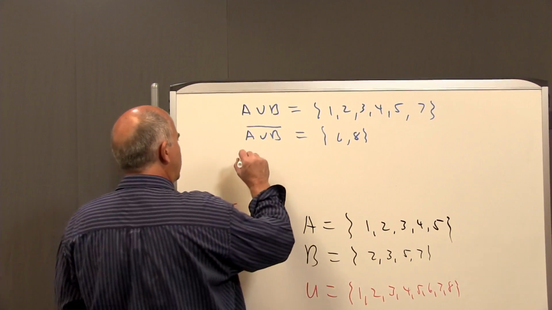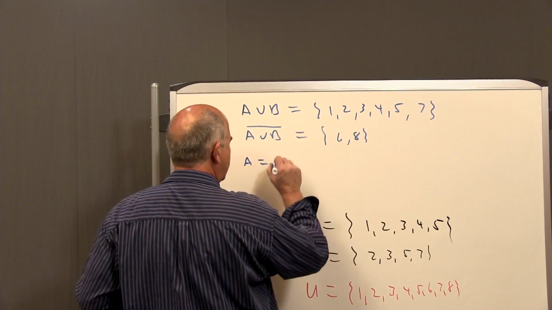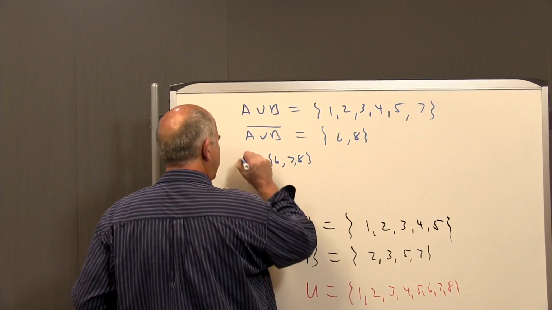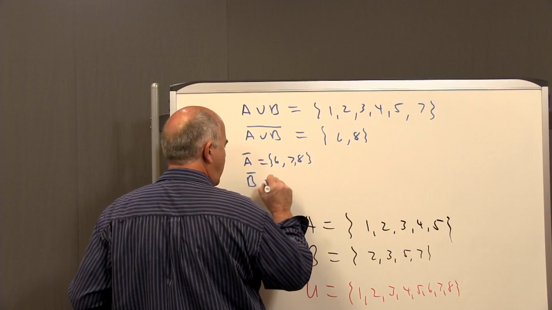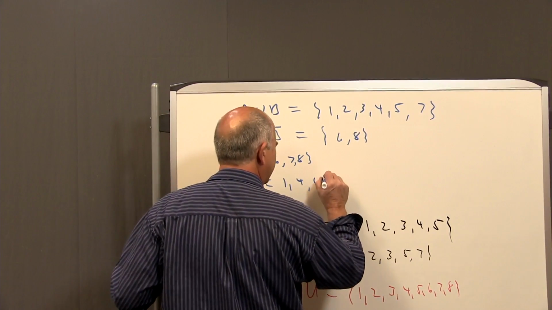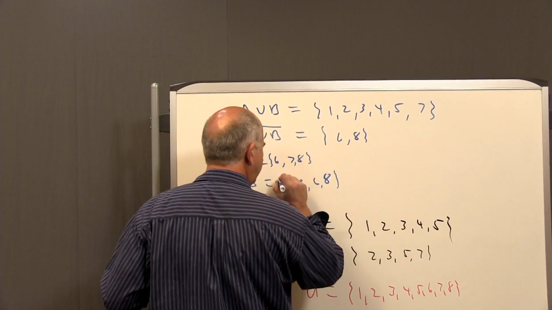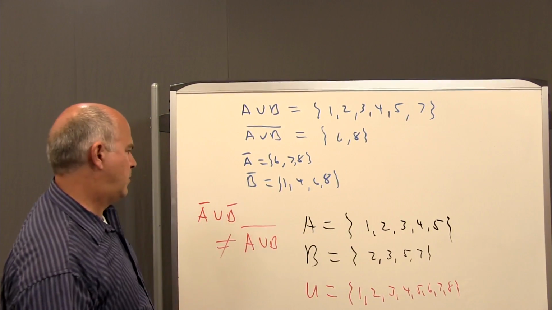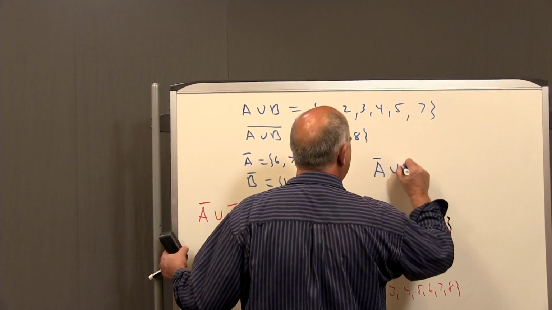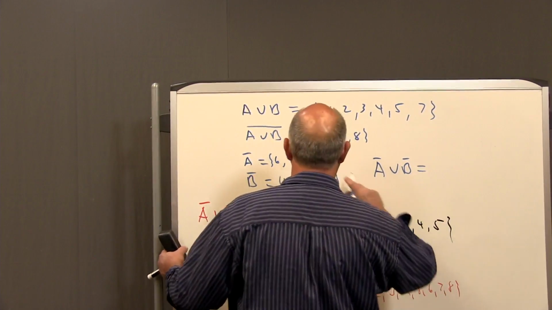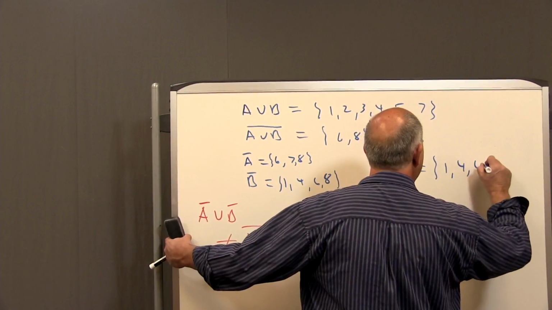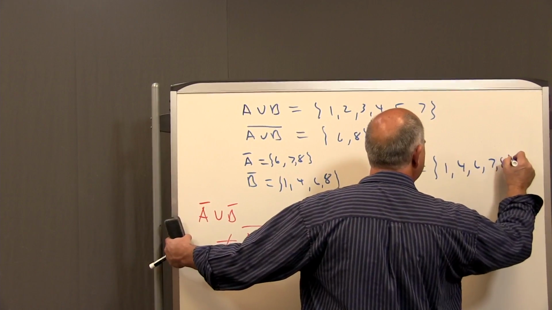On the other hand, A bar, we already said was 6, 7, 8. And B bar is 1, 4, 6, 8. That looks right. And A bar union B bar is the union of these two: 1, 4, 6, 7, 8.